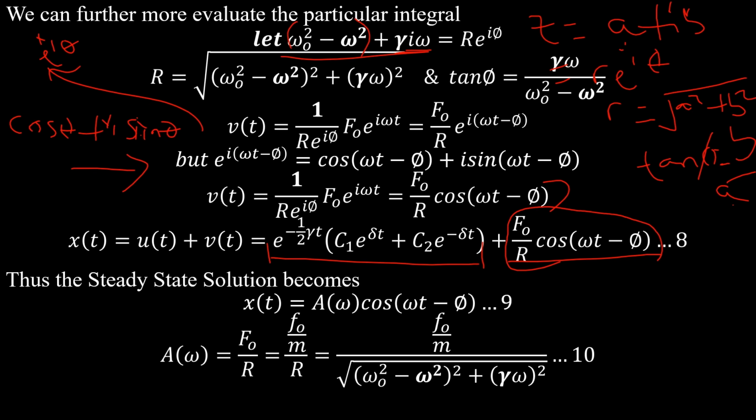Now we can compress that and replace f naught over rho by A of omega. A of omega becomes our amplitude. So this expression here is the amplitude of the steady state solution.